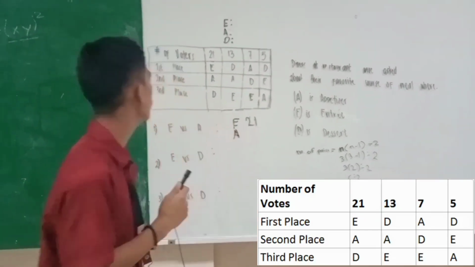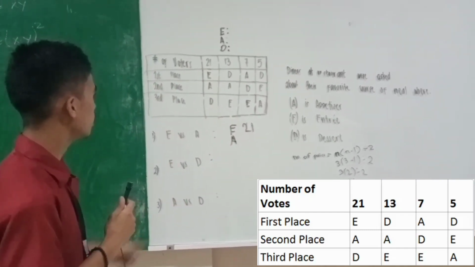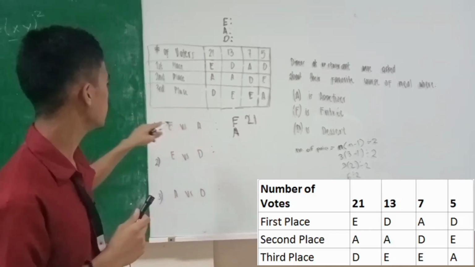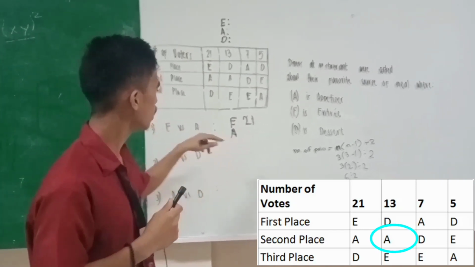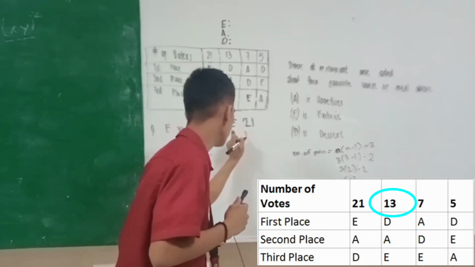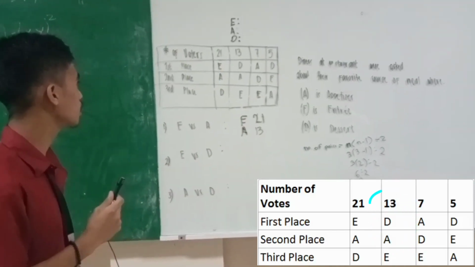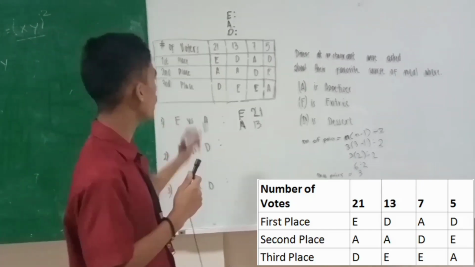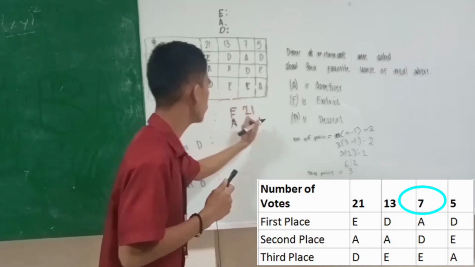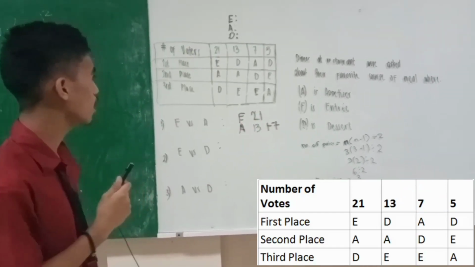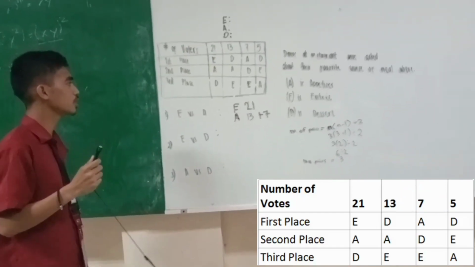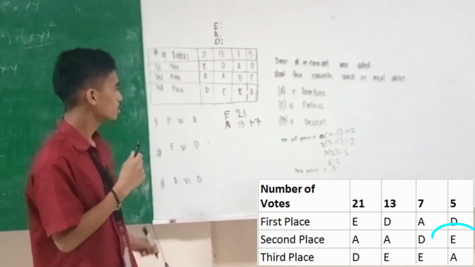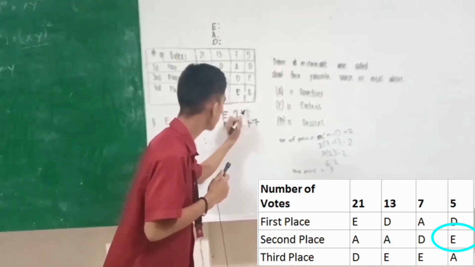In the second column, the appetizer gets first place with 13 points. In the third column, the appetizer gets 7 points. In the last column, the appetizer gets third place and the entree gets second place with 5 points.